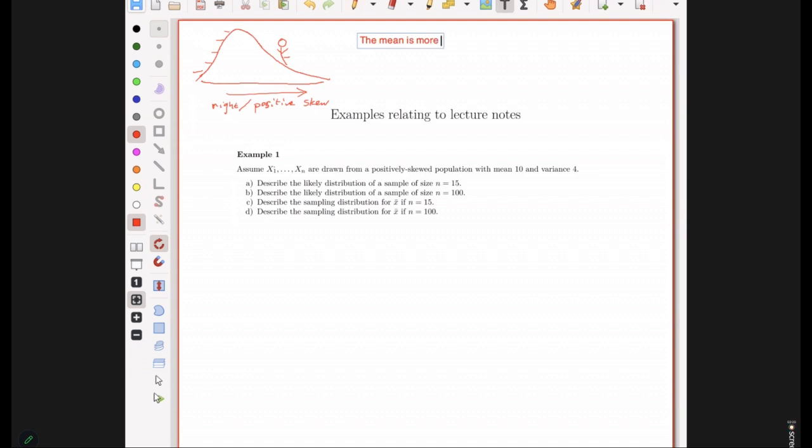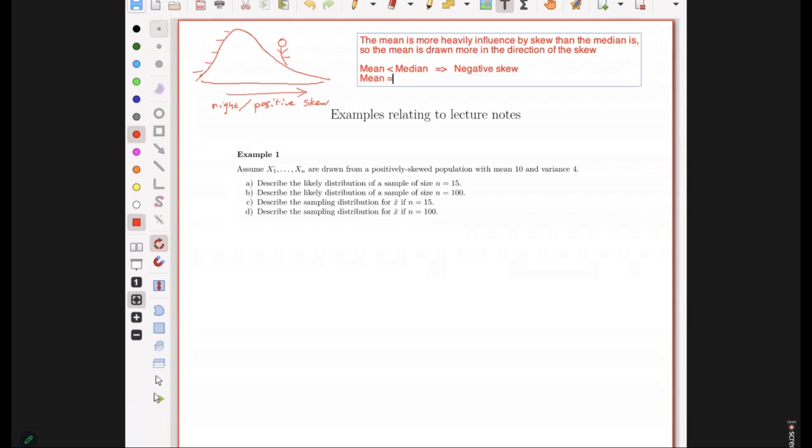The mean is more heavily influenced by skew than the median is. The mean is drawn more in the direction of the skew. If we see that the mean is less than the median, this implies that we have a negatively skewed distribution.